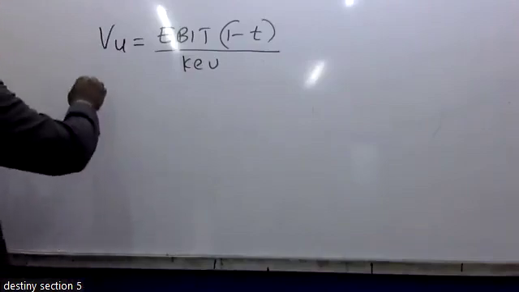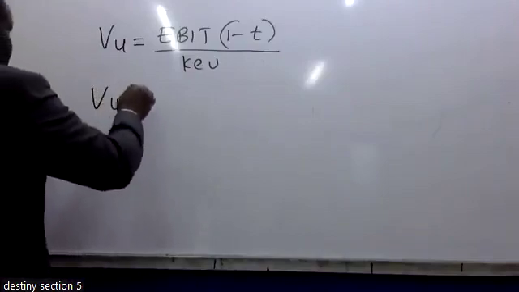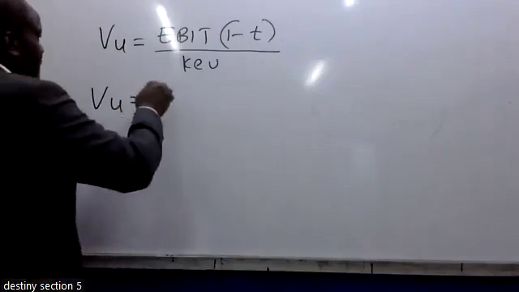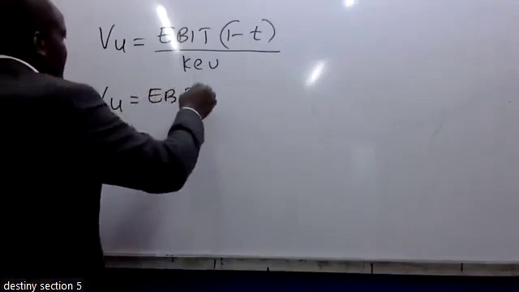So now, to get the value for unlevered, it is the same as earnings before interest and tax.